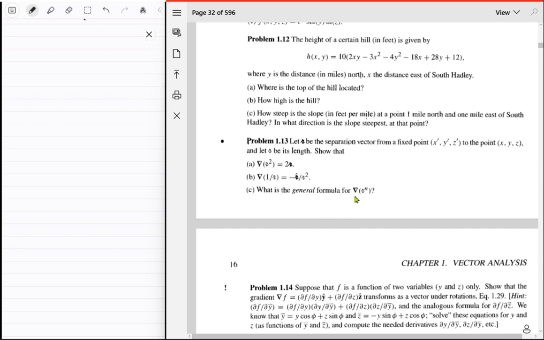So what's the gradient of r power n? Let's say x dash, y dash, z dash is equal to 0, 0, 0, because it doesn't matter anyway. Partial of 1 with respect to x is the same as partial with respect to x minus x dash, because this thing is a fixed point and this point is varying.